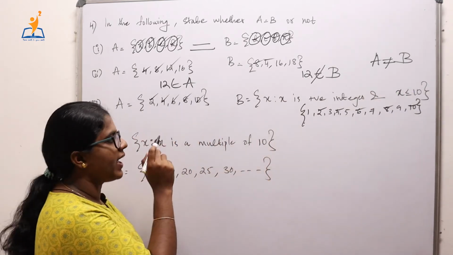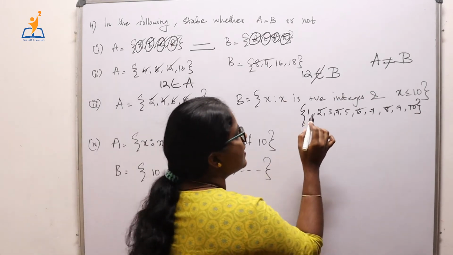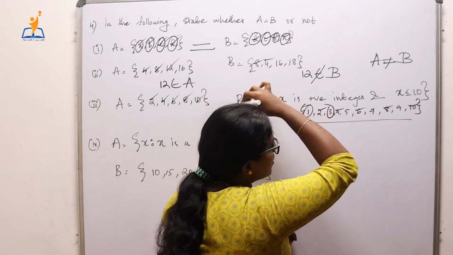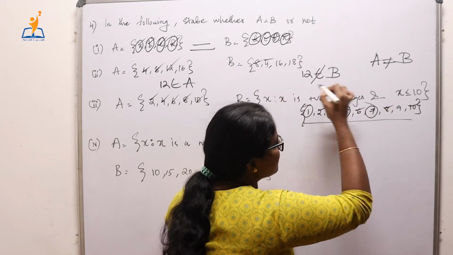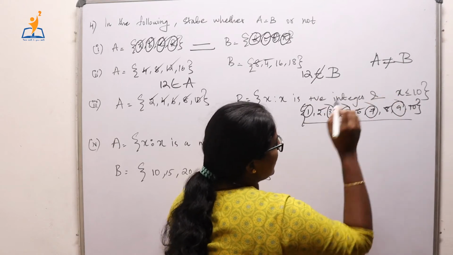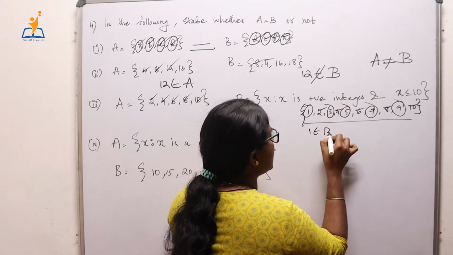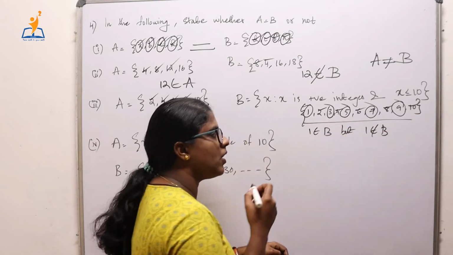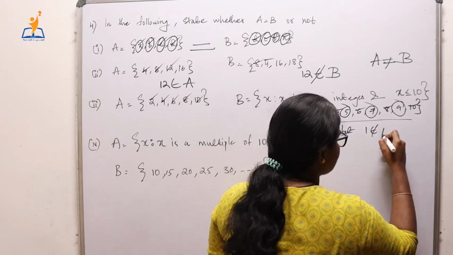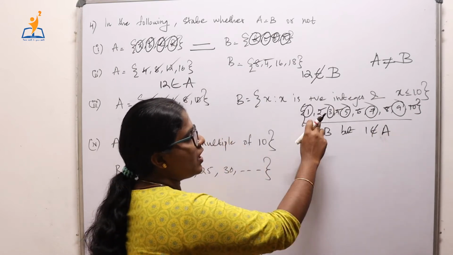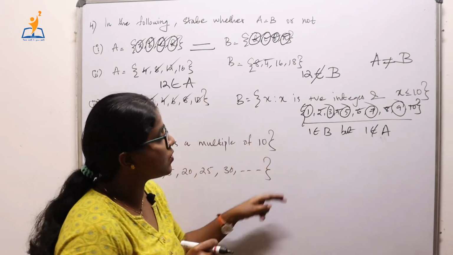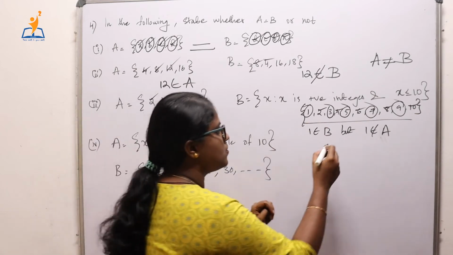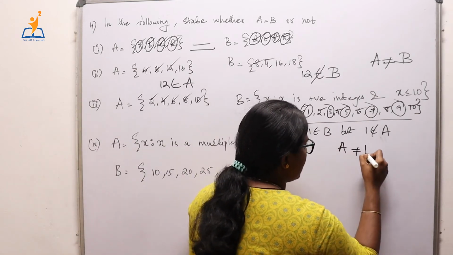So every element of A is in B, but it is clear that 1 is not in A, 3 is not in A, 5 is not in A, 7 is not in A, 9 is not in A. That is, 1 belongs to B, but 1 does not belong to A. Similarly, 3 belongs to B, but 3 does not belong to A. So we can say that A is not equal to B.